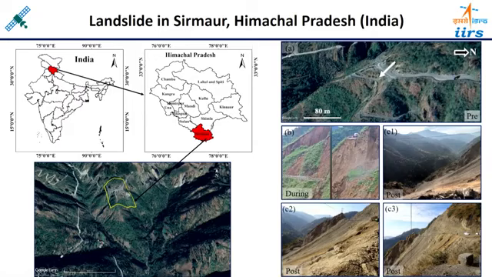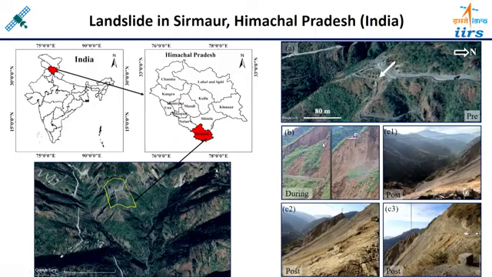From here to here, this mass moved from the top location to the valley. This distance is around 200 meters. So this huge mass was displaced, or you can say the slope failed, and the associated mass moved towards this side.